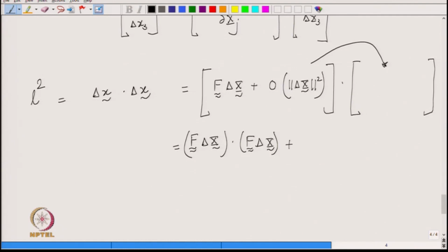What do the remaining terms give us? See, we have F into delta big X multiplied with big O delta big X square. So, one of the terms is of the order of delta big X square and F delta big X is of the order of delta X itself. So, when you multiply them, it becomes delta X cube, right.